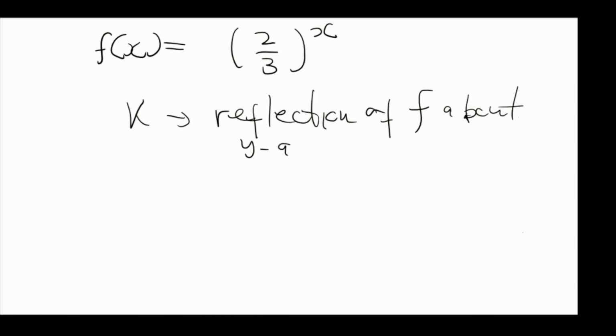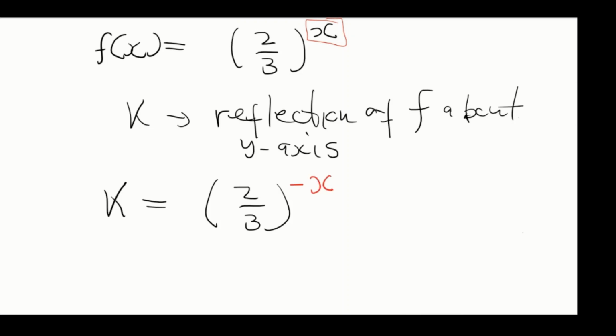the y-axis, what we're going to do is say the equation of k is equal to 2 over 3, and in place of the exponent of x there, we're just going to write a negative exponent of x.